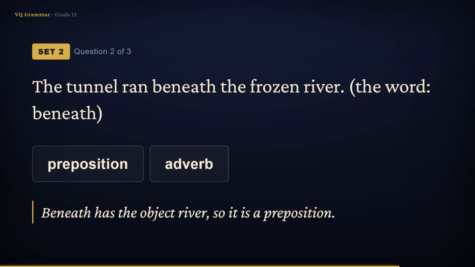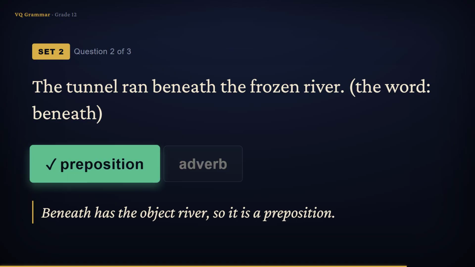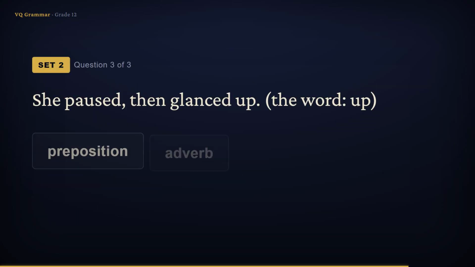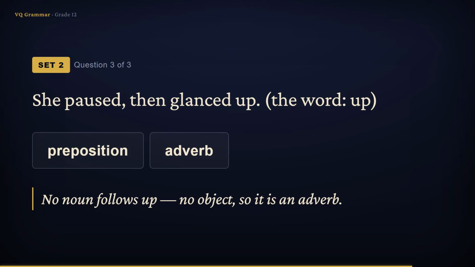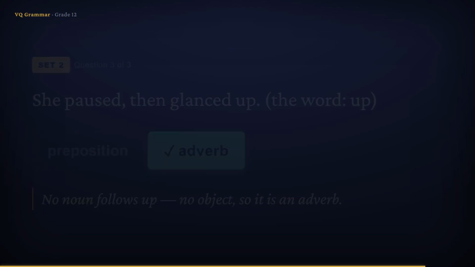Yes, the noun river comes right behind it, and beneath the frozen river is a neat little phrase. Because it has an object, beneath is a preposition. She paused, then glanced up. Look at the word up. Is there a noun or pronoun right after it? No, the sentence ends, and up is left standing on its own. No object means no preposition, so up here is an adverb.